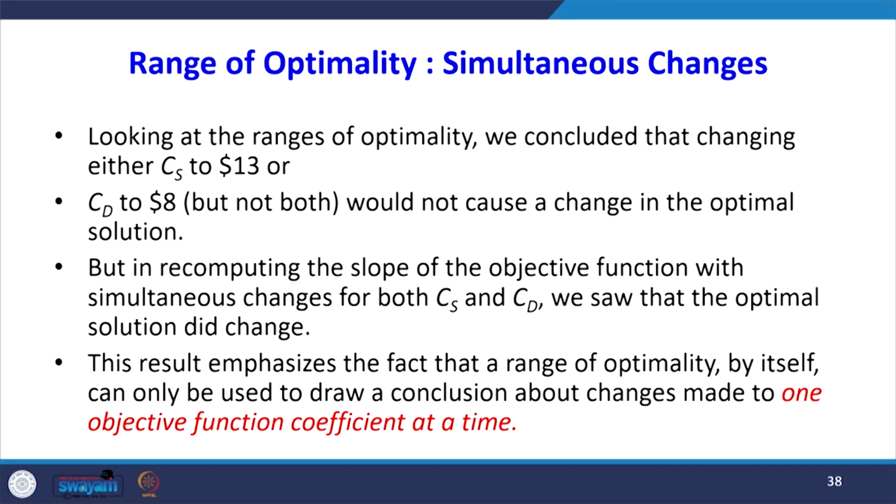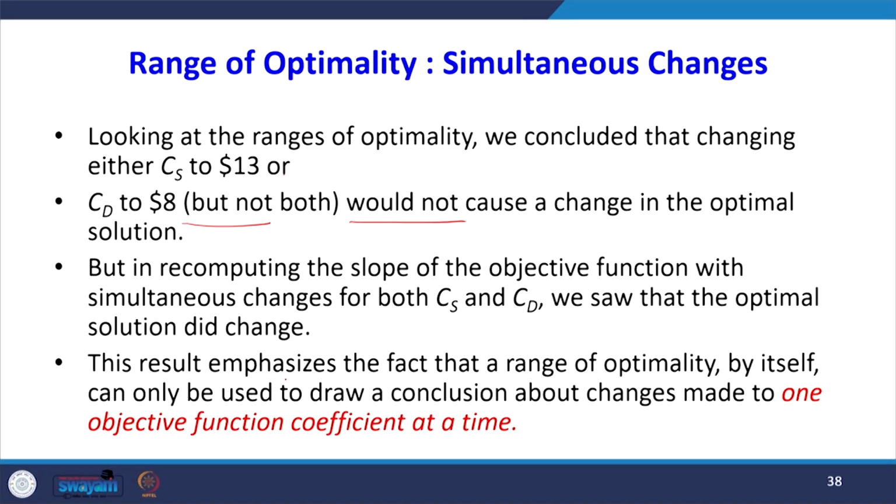Looking at the ranges of optimality, we concluded that changing either CS to $13 or CD to $8, but not both, would not cause a change in the optimal solution. But in recomputing the slope of the objective function with simultaneous changes for both CS and CD, we saw that the optimal solution did change.